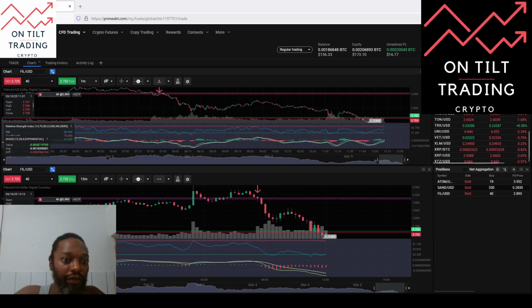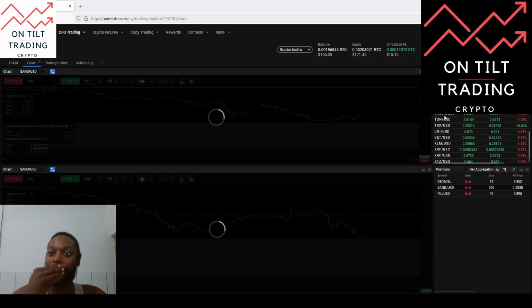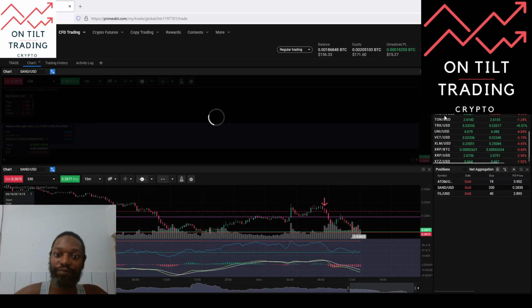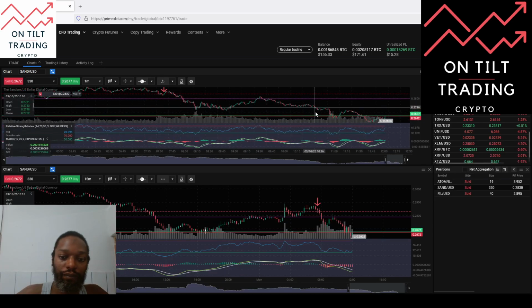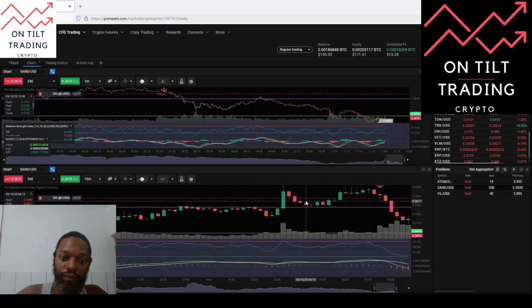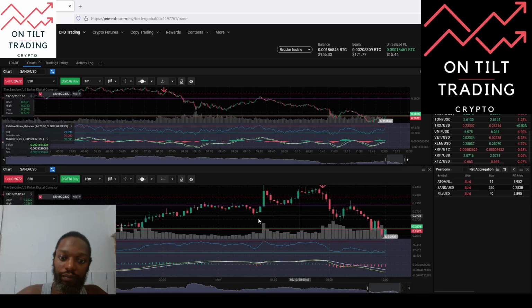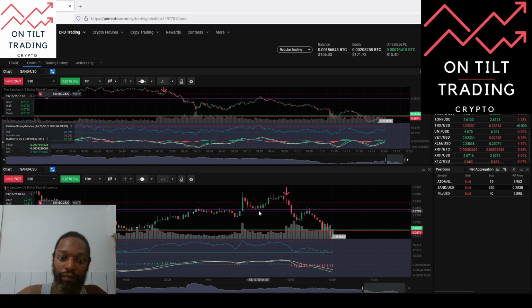And last up, we have The Sandbox. So it looks like we're experiencing some pullback right now, or potentially a reversal. I'm not sure.